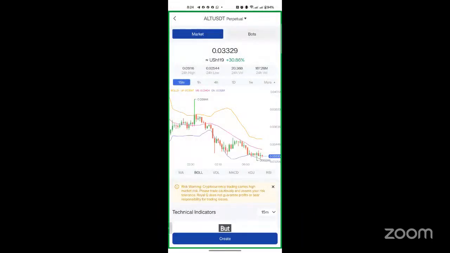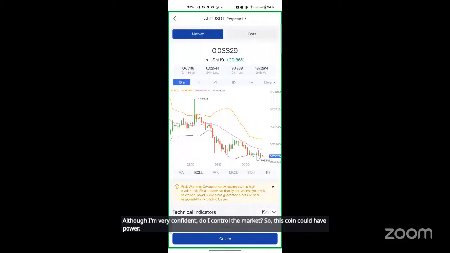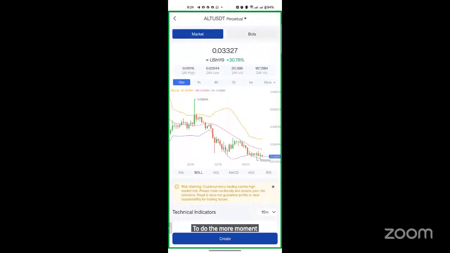But do I control the market? Give me also the answer. Although I'm very confident, do I control the market? So this coin could have power to build more momentum from where it is right now. How many are following?